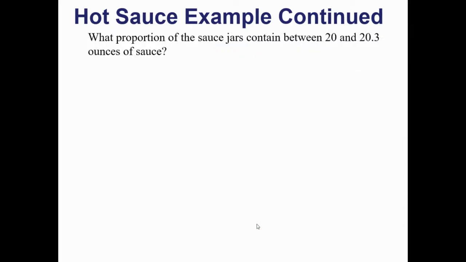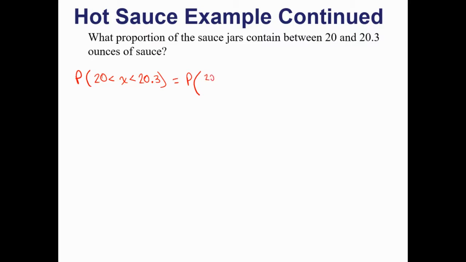What proportion of sauce jars contain between 20 and 20.3 ounces of sauce? So we need the probability that X is between 20 and 20.3. The first thing I've got to do is standardize.